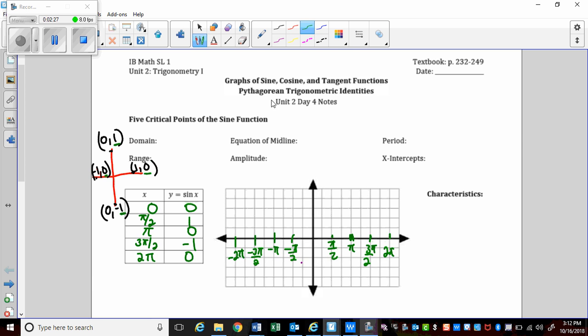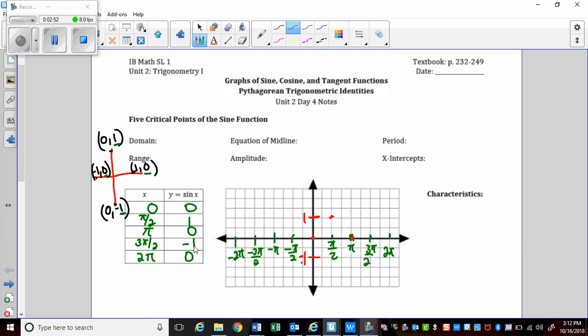All right. Now, at 0, my sine's value is 0. But at pi over 2, my sine's value is 1. Let's say 1 is right here. And then that means -1 is right here. At pi, my sine's value goes back to 0.